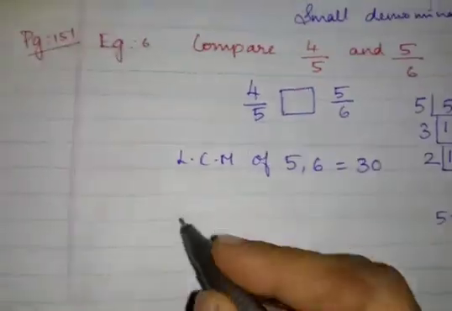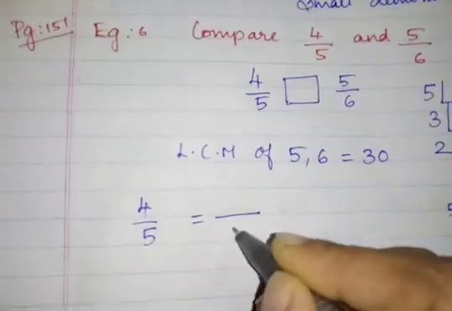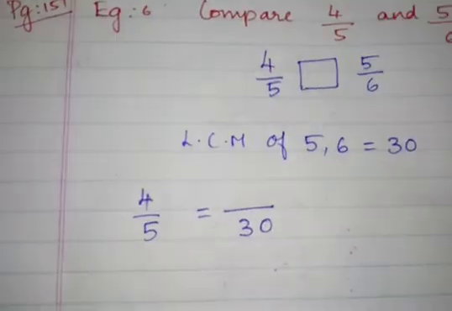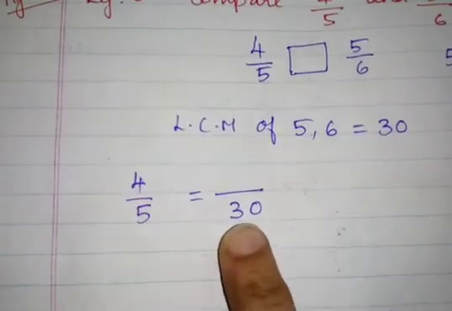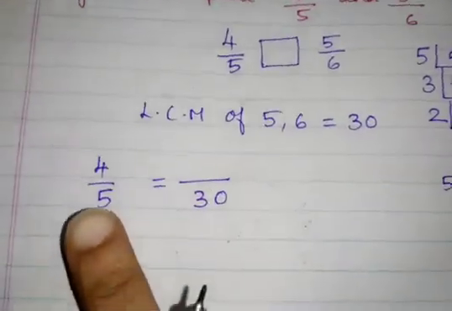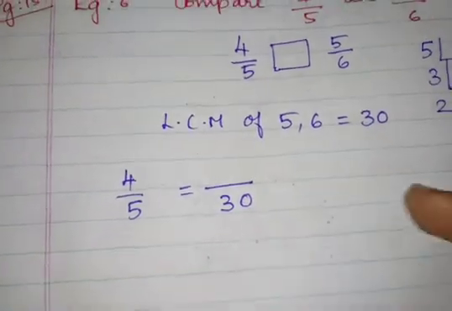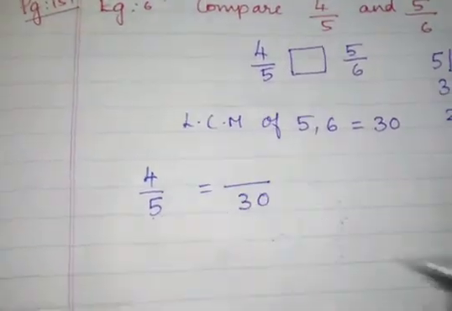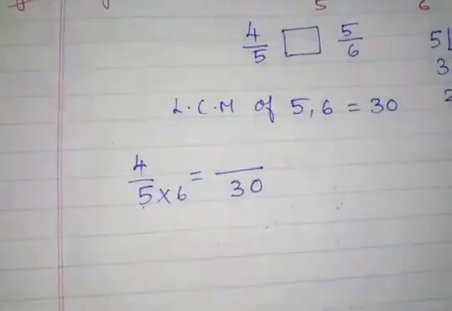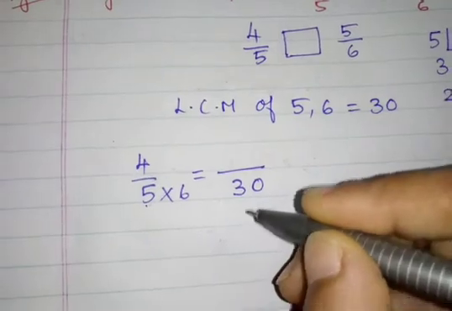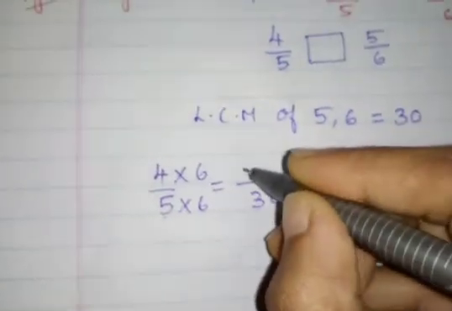So first we should convert the fraction 4 by 5 to a fraction with denominator 30. 5 should become 30, so what will you do? 5 sixes are 30. So I multiply by 6 in the numerator too. 6 fours are 24.